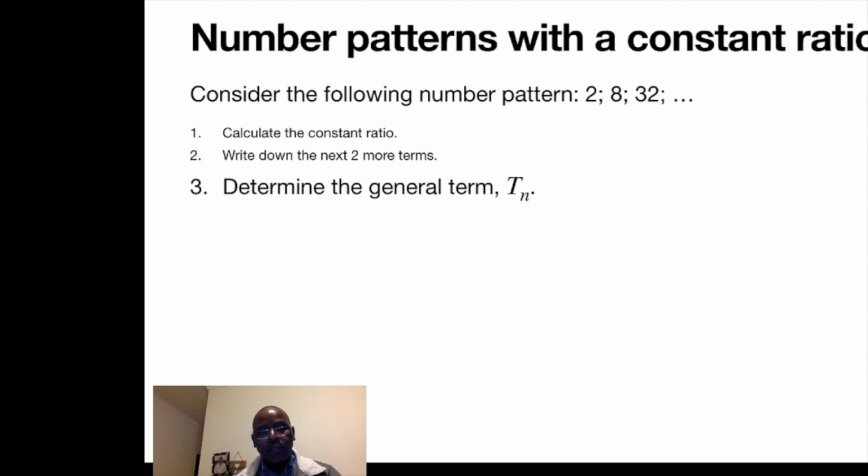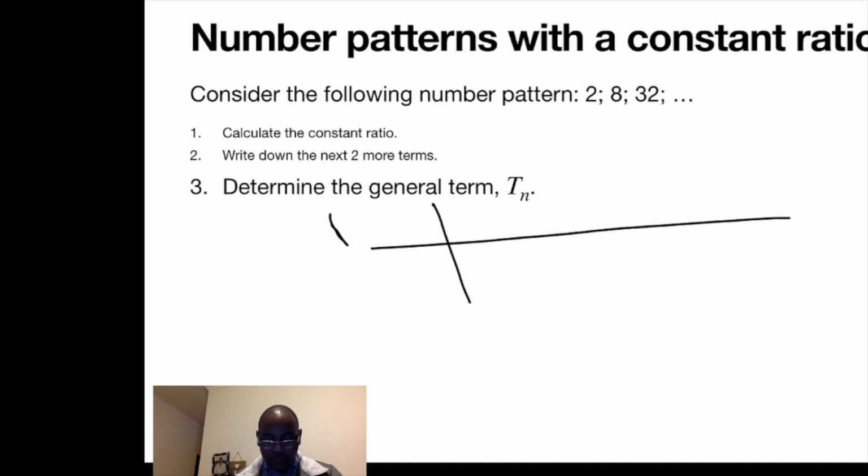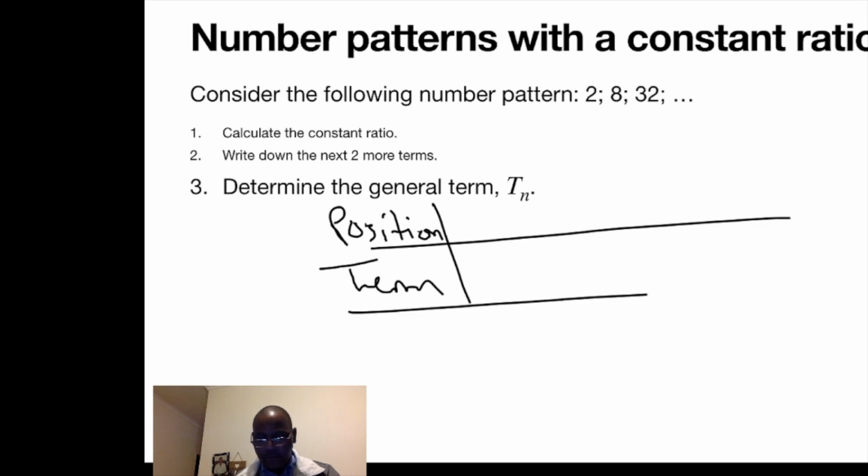Then question 3 says, determine the general term Tn. I'd like us to use a method where we try and relate the constant ratio to the position of the term. So we have the position of the term and then the term itself.